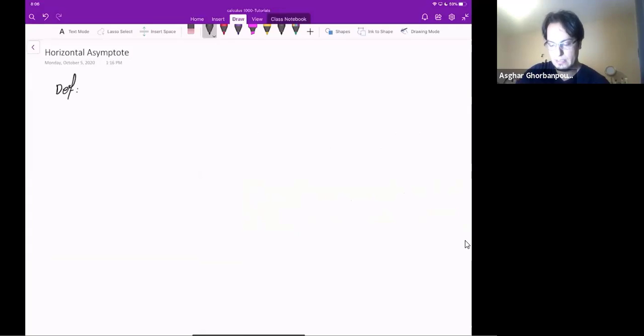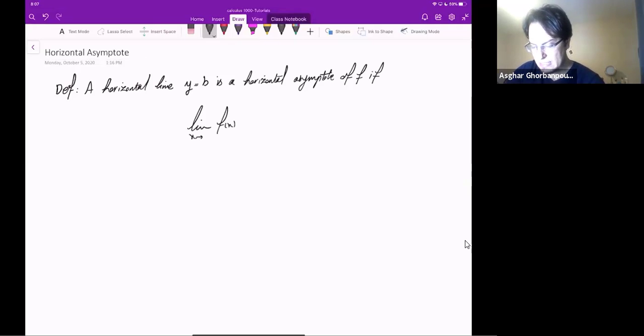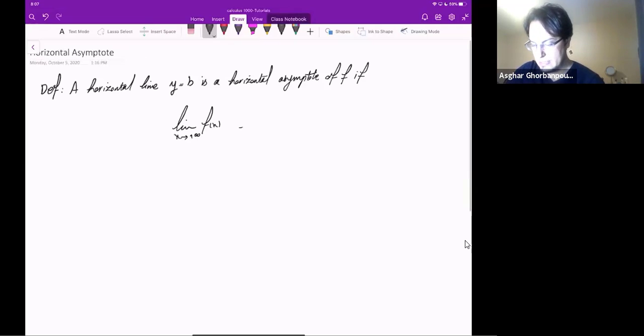A horizontal line, remember, horizontal lines are given by an equation like y equals a number, is a horizontal asymptote of f if when you find the limit of the function at infinity, you get that number b, or when you get the limit of that function as x goes to negative infinity, you get b.